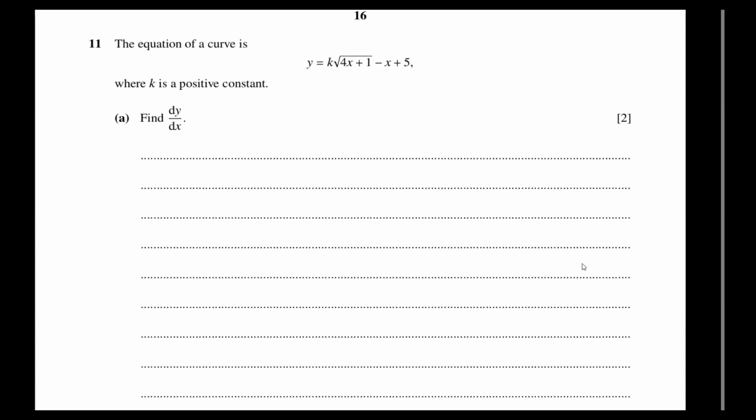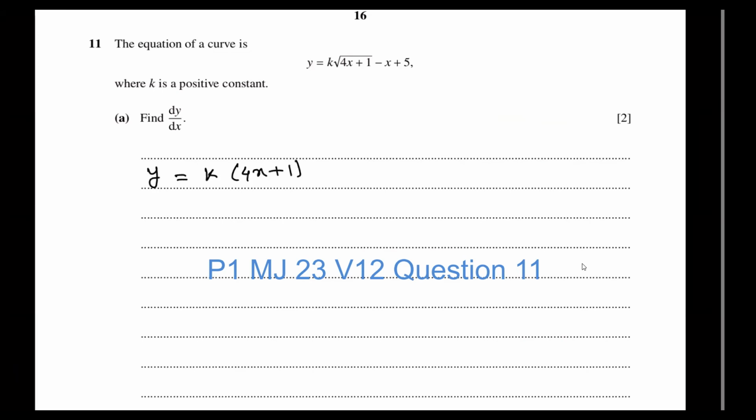This question is, the curve has equation y equals k square root of 4x plus 1 minus x plus 5, where k is a positive constant. You have to find dy by dx. To find dy by dx, let's first write y in power form: k times (4x plus 1) to the power half minus x plus 5.